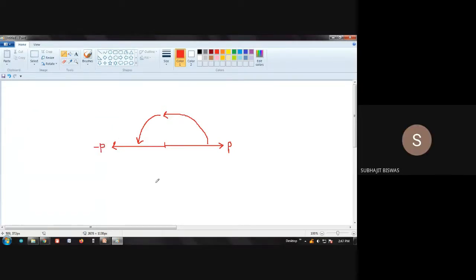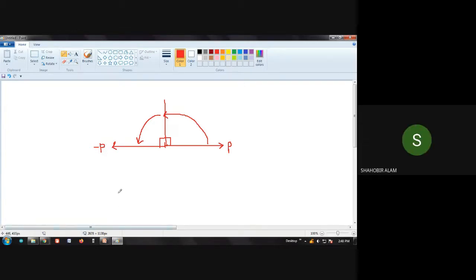Because this one is actually j square into P. So j square means j into j. For the first j we move 90 degrees anti-clockwise, for the second j again 90 degrees anti-clockwise. So ultimately we get opposite P, and we can say it is minus P.